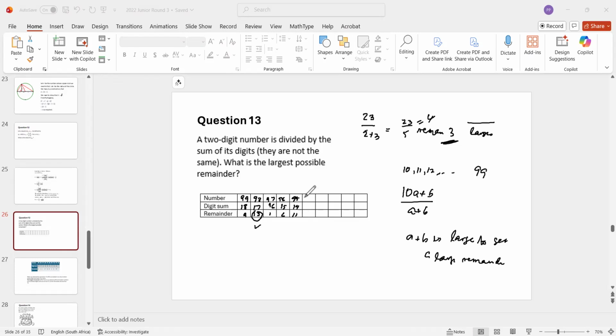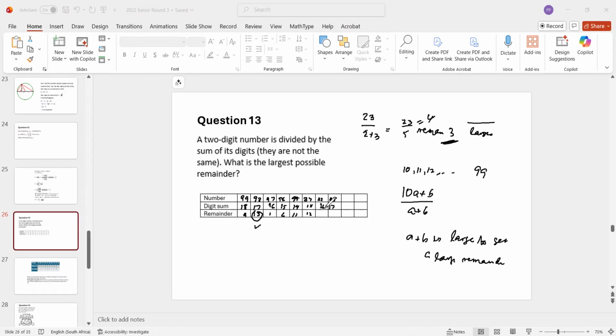So now let's go to the 80s. 87 is 15, 88, 89. These give you the digit sums 15, 16, and 17. And when you divide 87 by 15, the remainder is 12.